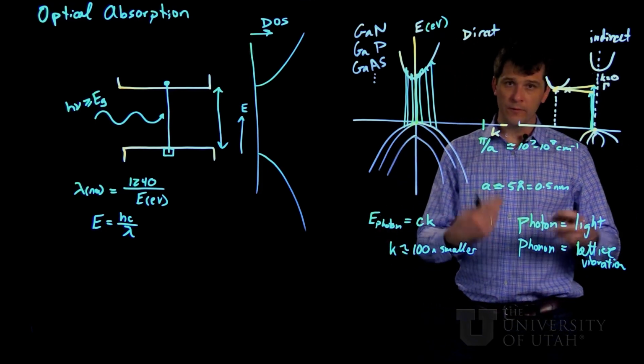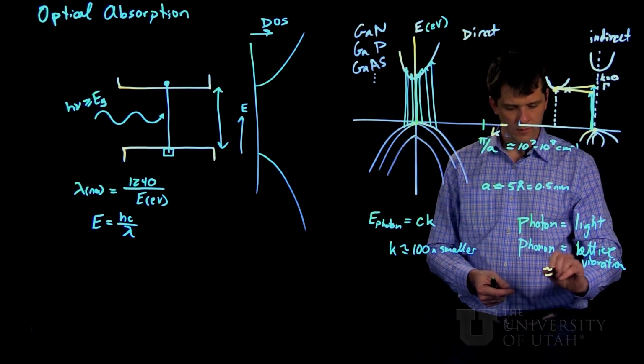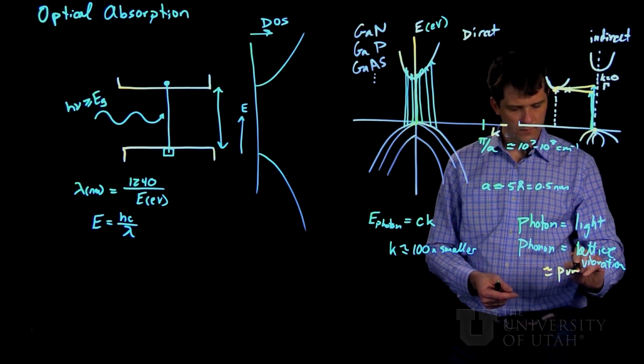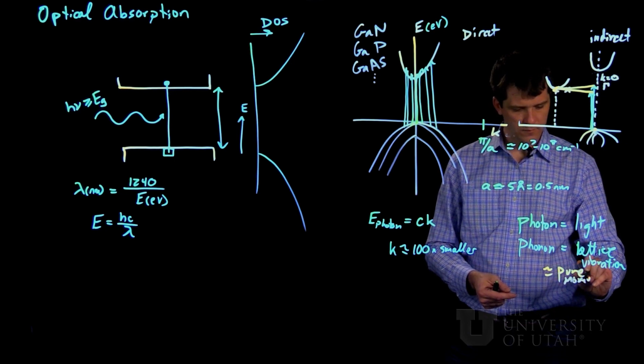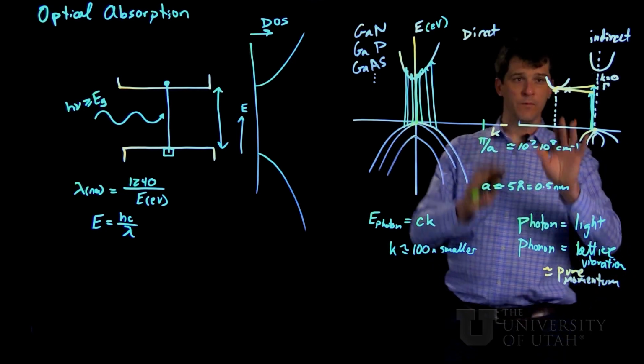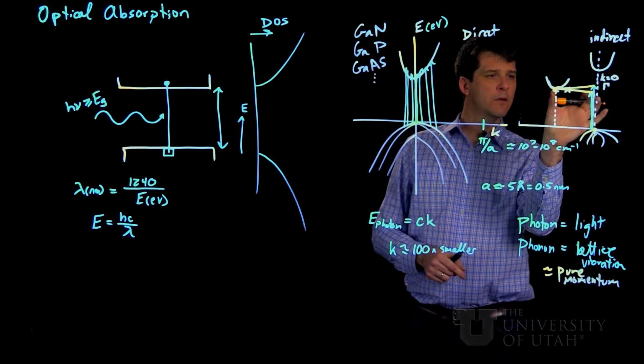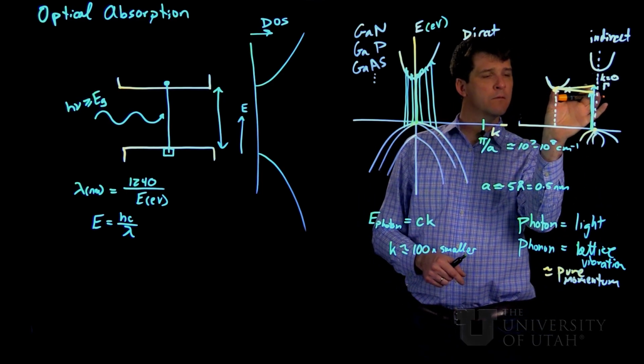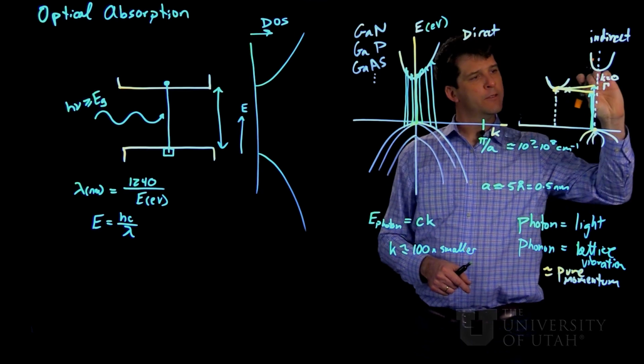So it turns out that a phonon is almost purely momentum on this scale, meaning that the momentum is very big for a phonon, but its energy is very small.